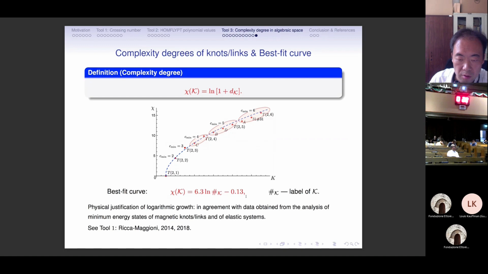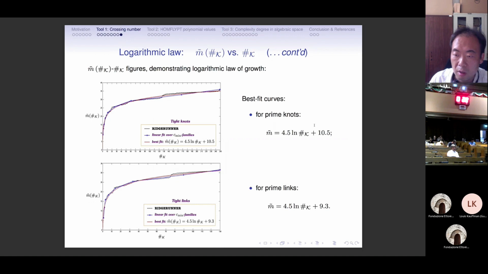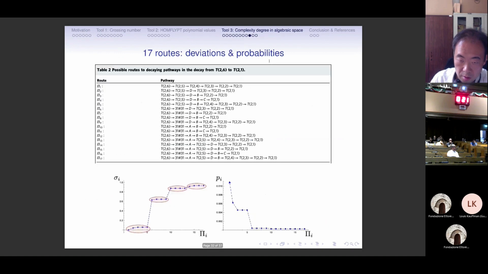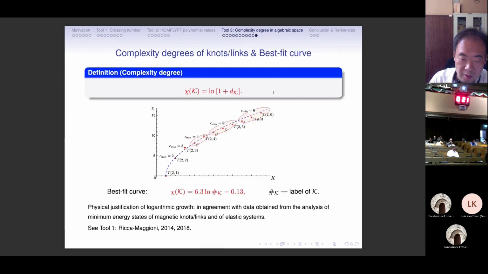It is this. If we recall Ricca and Maggioni's result in 2014 and 2018, for example, we go back to here. These are their best fit curves. These are our best fit curves.